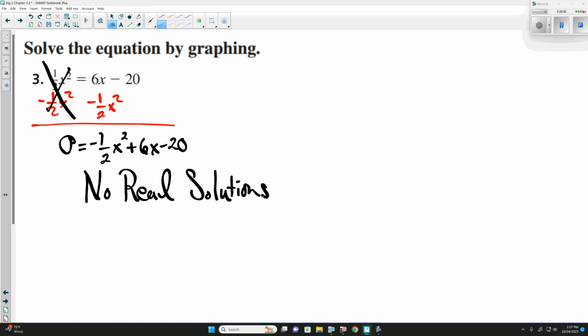But it doesn't have any real solutions, and we'll have to leave it at this point for now, because we have not gone over a method to solve this. There are ways to do it. Graphing cannot do it. Factoring cannot do it. We can factor it, but really we need to know the solutions to be able to factor it. We kind of work backwards. But at this point, if we're trying to solve this by graphing, we would say that it has no real solutions.